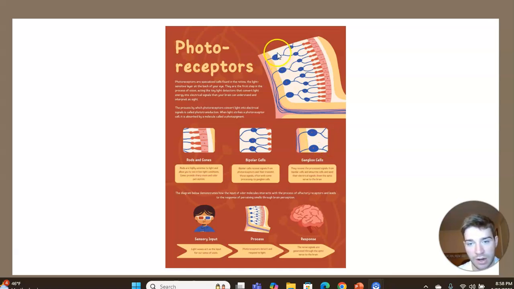As you can see here, these axons come down to the optic disc and then go out, and this is the optic nerve. So these axons actually form the optic nerve. And then in general, there's the sensory input, then the processing in the retina, and then the response, because the brain can't just take light signals.